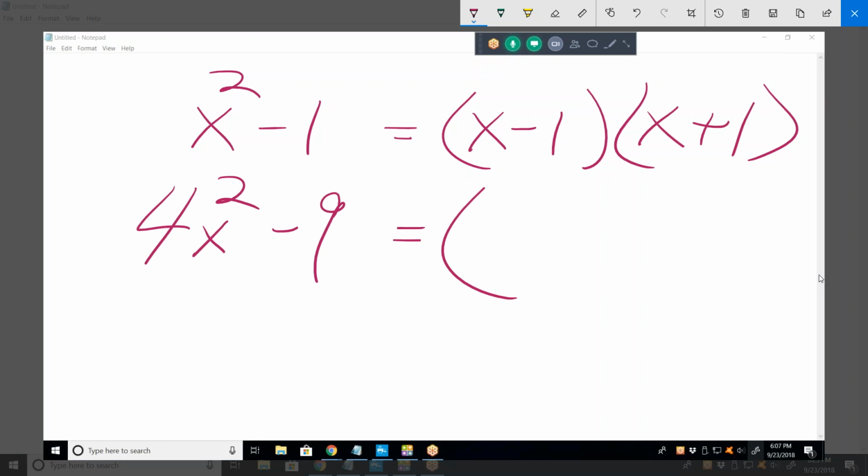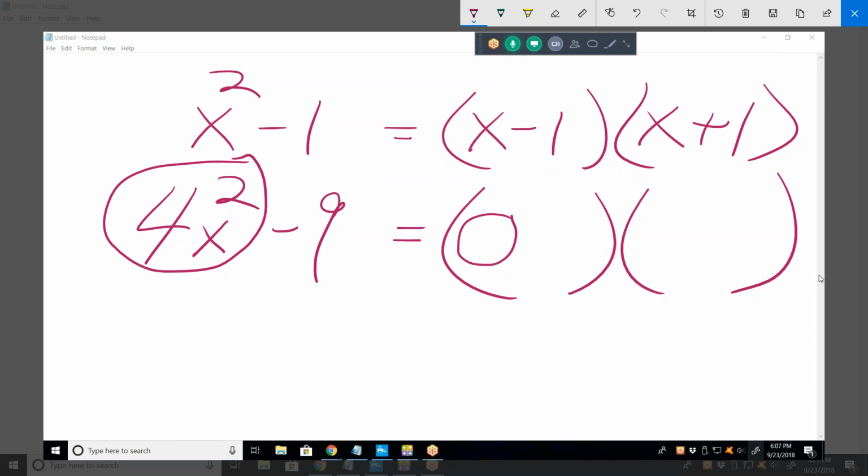It's not factoring. The first term here is always the square root of that. If I'm looking at difference of perfect squares, that first term has to be the square root of 4x squared. What is the square root of 4x squared? 2x.